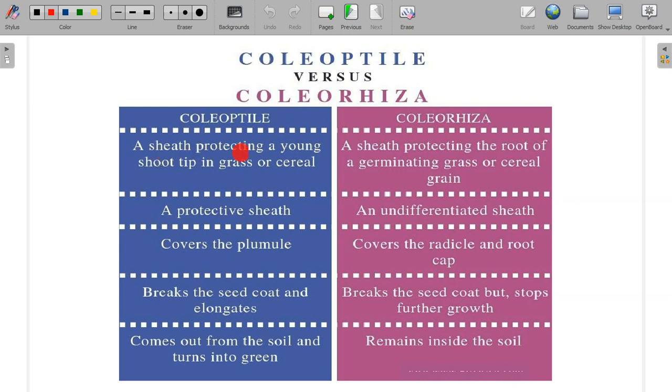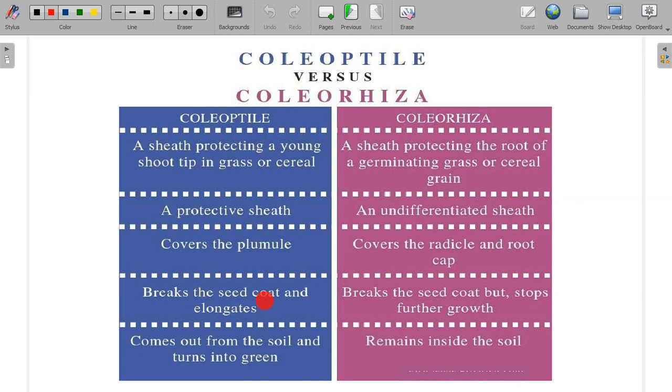It is a sheath protecting a young shoot tip in grass or cereals, where we have enough auxin. The coleorhiza is a protective sheath of the root of a germinating grass or cereal grain, and it is an undifferentiated sheath. The coleoptile covers the plumule, which develops into the shoot tip. The coleorhiza covers the radicle and the root cap, which develop into the root tip.